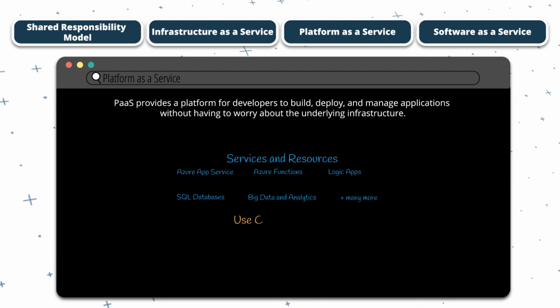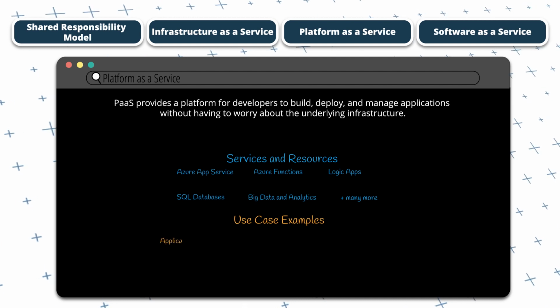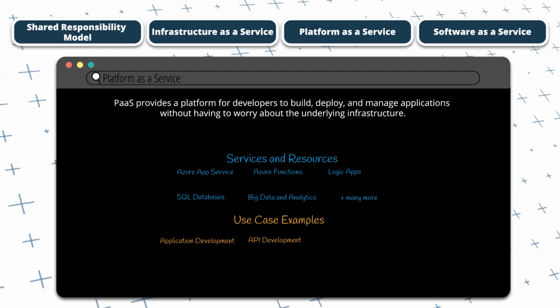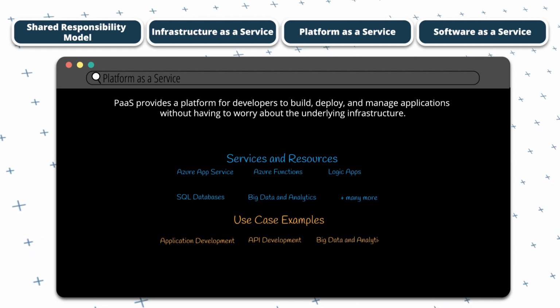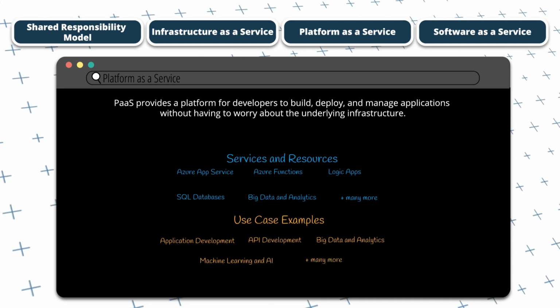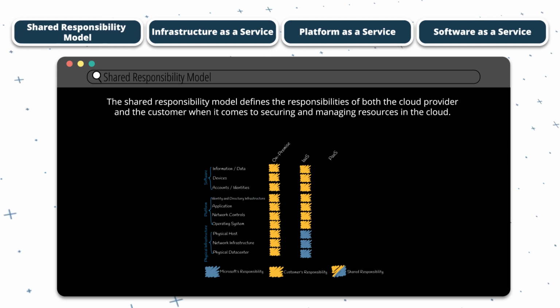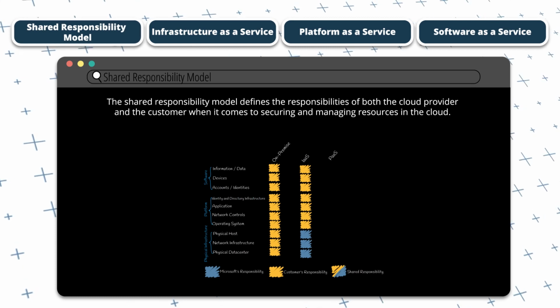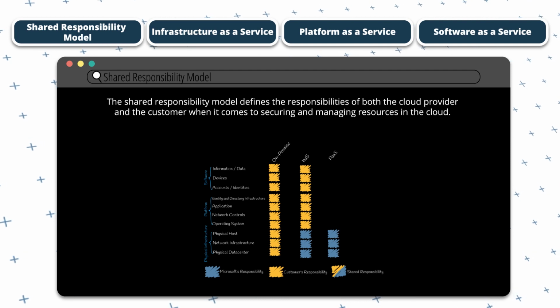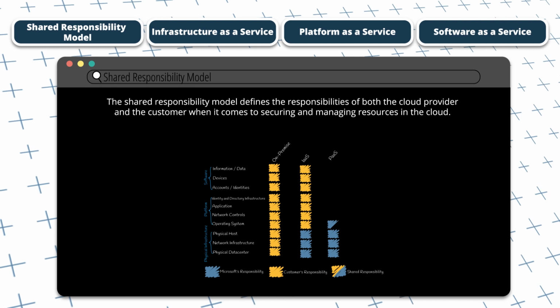Some examples of use cases would be web and mobile application development, API development and management, big data and analytics, machine learning and AI, along with a range of other use cases. So now back to the shared responsibility model. With platform as a service, Microsoft takes care of all of the responsibilities at the infrastructure level, such as the physical data center.